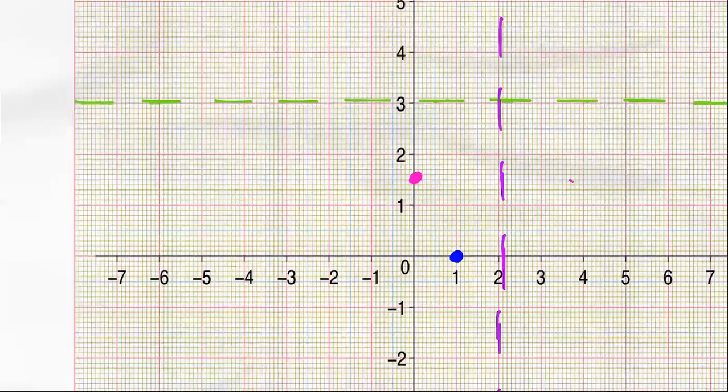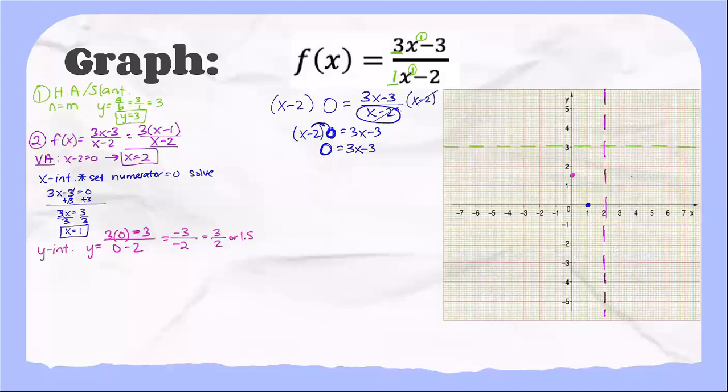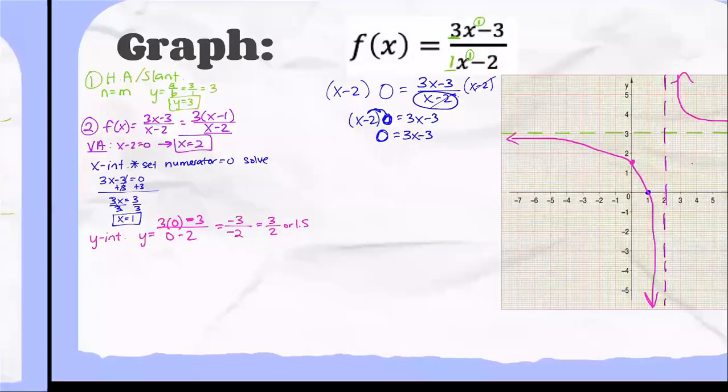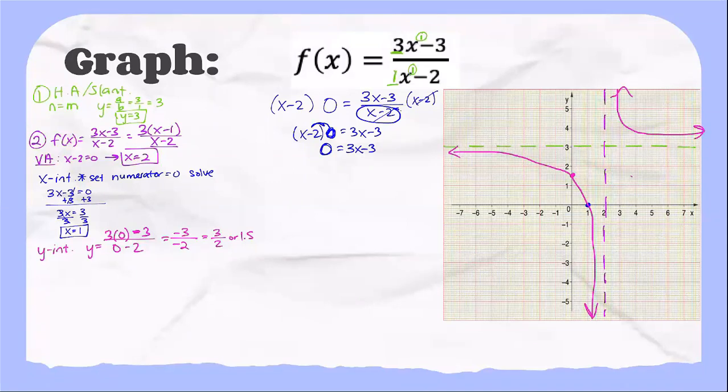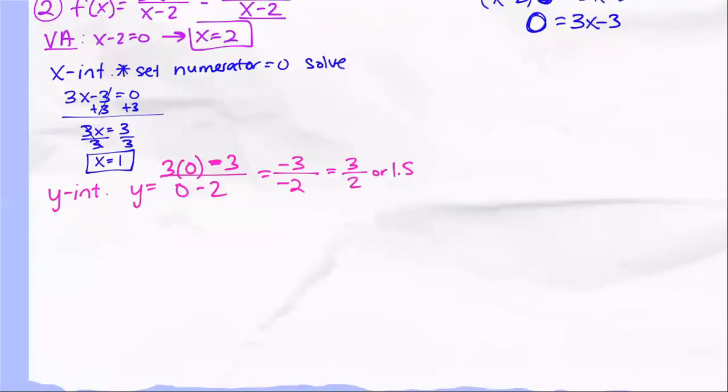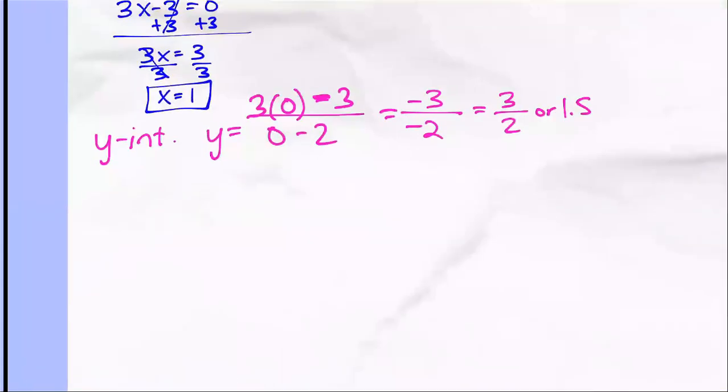All right, so to me, this kind of looks like maybe it's going to do this, right? And I would almost think it's probably going to do this as well. But to test for it, let's go ahead and do our symmetry and see what it looks like. Okay, so let's do symmetry.